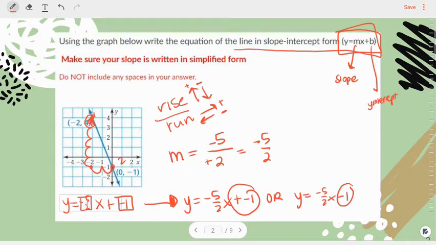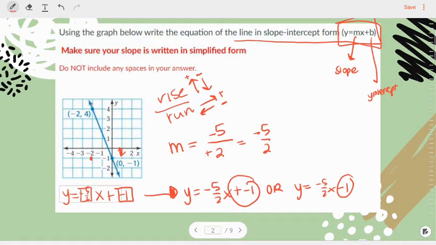Now I told you that you could find the slope in reverse and say that this is point 1 and this is point 2. Let me show you how that works. If I want to go from point 1 to point 2, my rise is going to be going up to get to point 2. So 1, 2, 3, 4, 5 spaces. So on my fraction, I would have a +5 on top because it's going up.